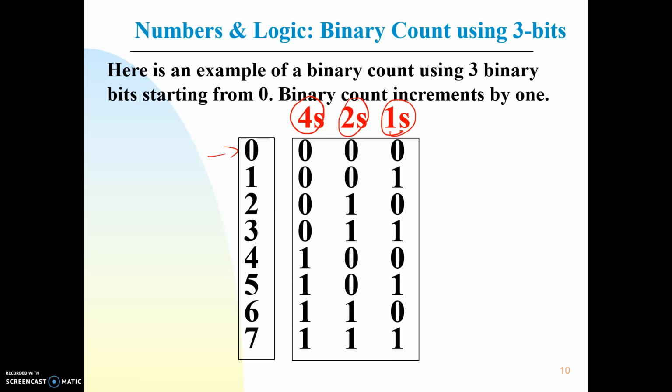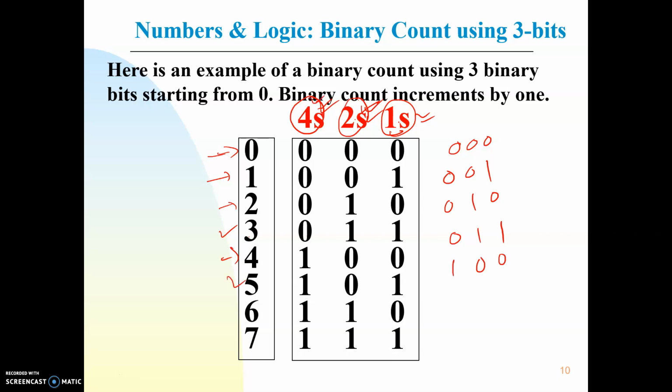If your decimal number is 0, in 3-bit representation it will be 000. If the number is 1, the 1 position will be 1, so 001. If the number is 2, then position number 2 will be 1 and the other positions will be 0. If the number is 3, then 2 plus 1 is 3, so this position and this position will be 1, and the 4 position will be 0. For decimal number 4, this position will be 1 and the other positions will be 0.